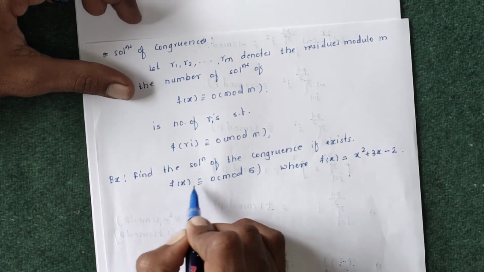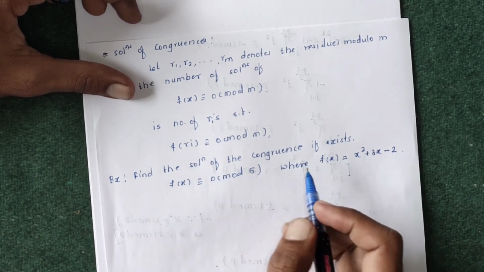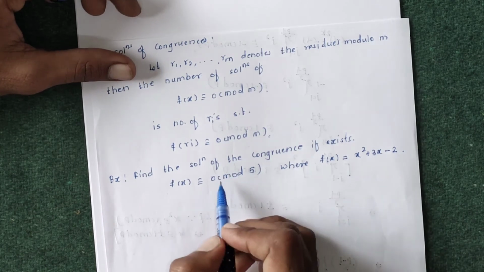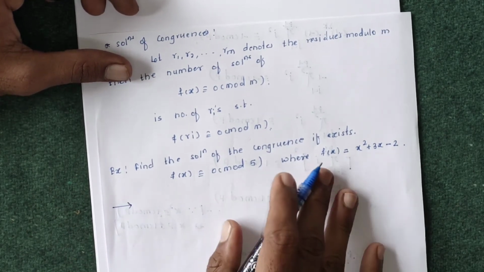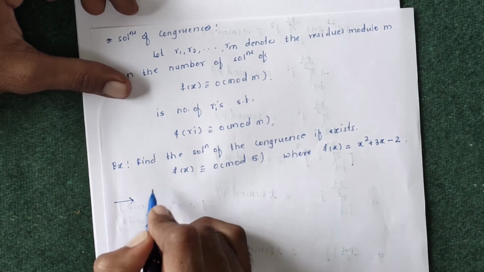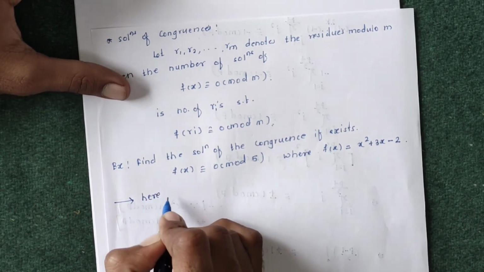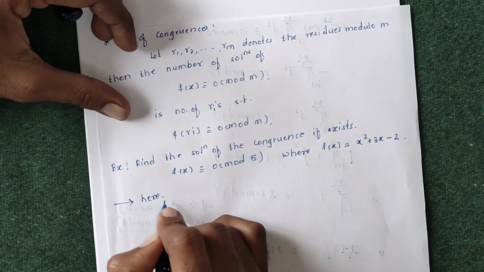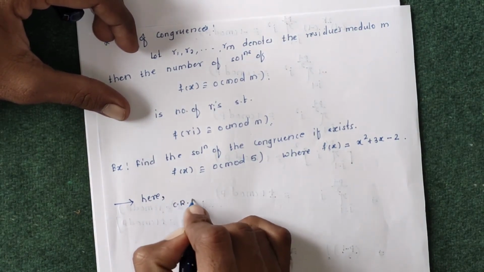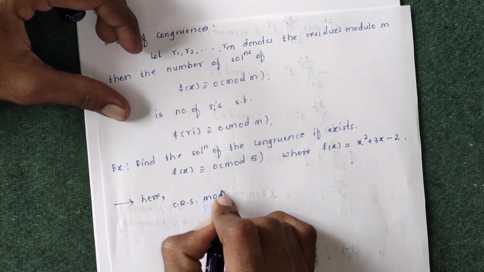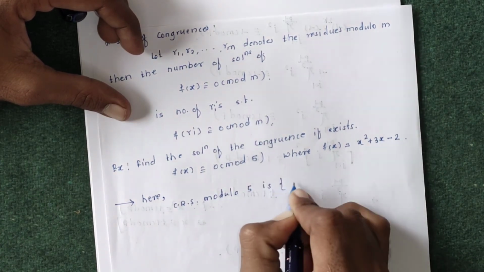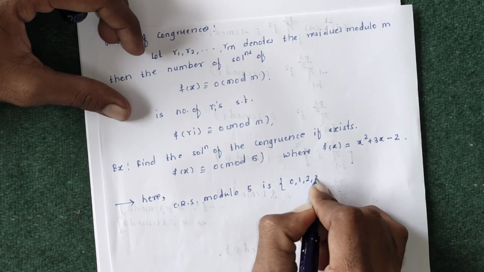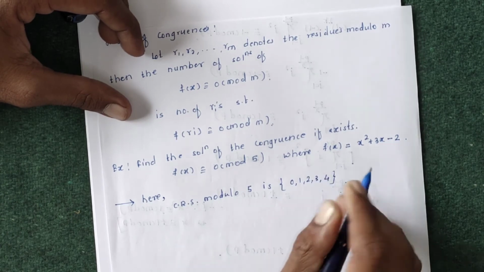The numbers which satisfy this congruence are said to be the solutions of this congruence. The CRS modulo 5 is 0, 1, 2, 3 and 4.